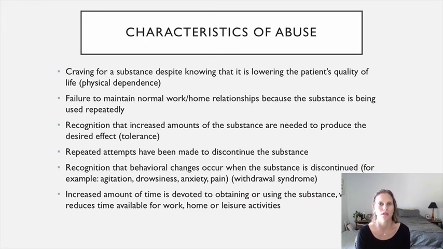When someone's craving a substance that they know is definitely lowering their quality of life, that is generally a sign of physical dependence, and that is also a characteristic of abuse. If they're not able to maintain their normal work-home relationships because of the substance, right? If they're using this substance repetitively and it's getting in the way of their life, that is a characteristic of abuse.